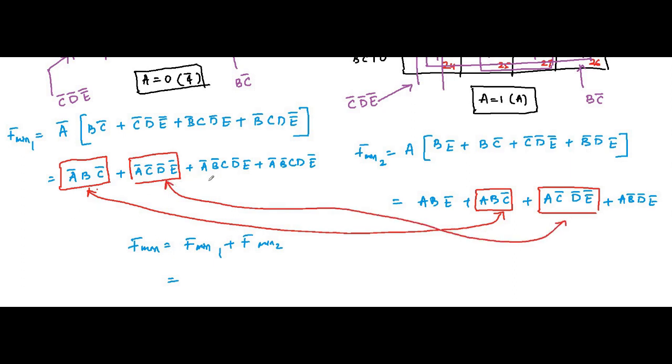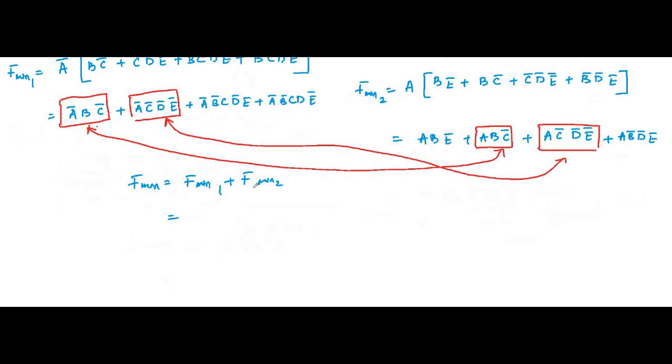In both cases there is a difference of one variable, that is A bar and A. So for this, B C bar is common, A or A bar, which is simply B C bar. If you take B C bar common from these two, it will be A or A bar, which is equal to 1. So it is directly B C bar.